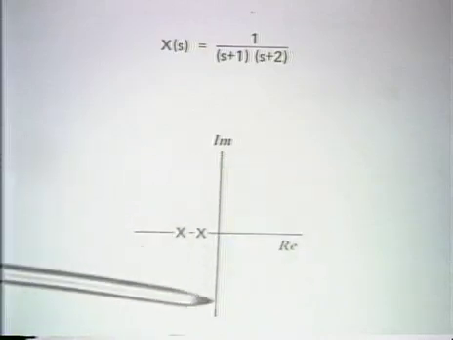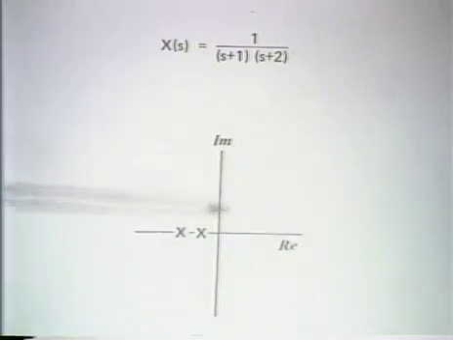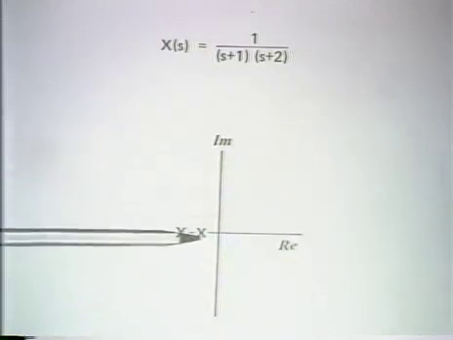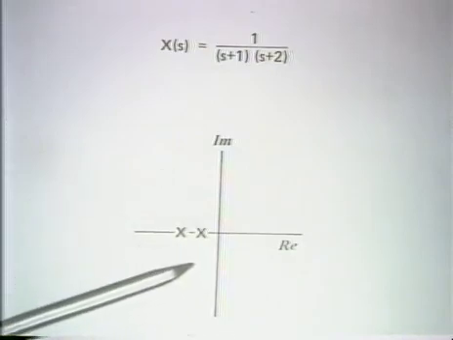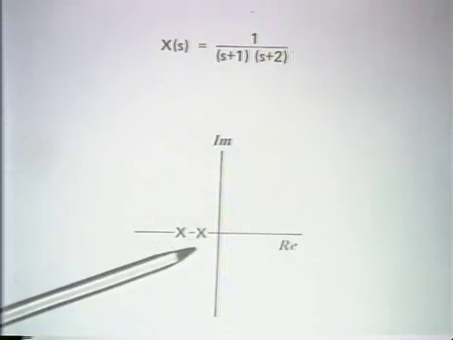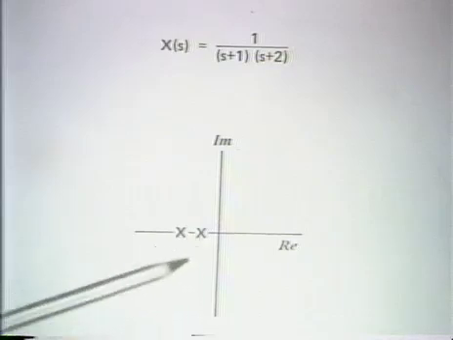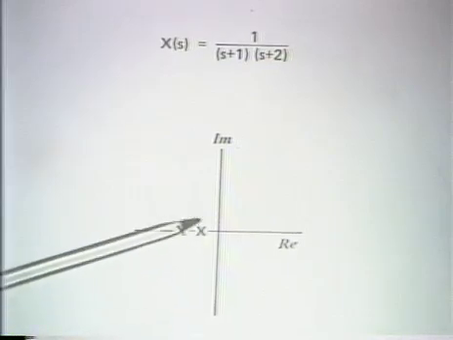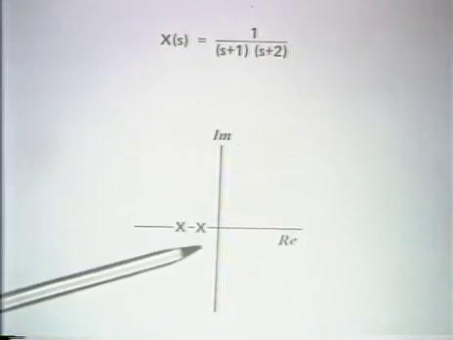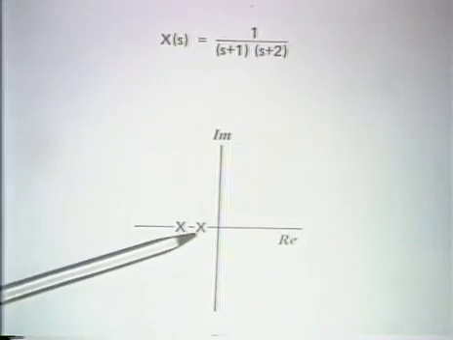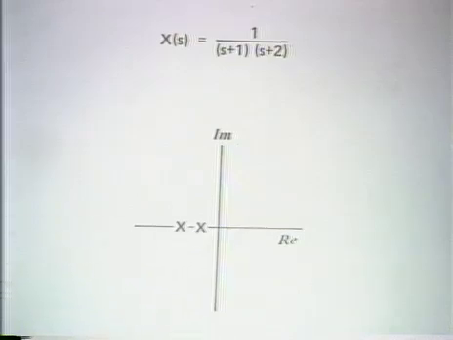And so this is the pole-zero pattern. And from what I've said, the region of convergence can't include any poles, and it must correspond to strips in the s-plane, and furthermore, it must be just one connected region rather than multiple regions.